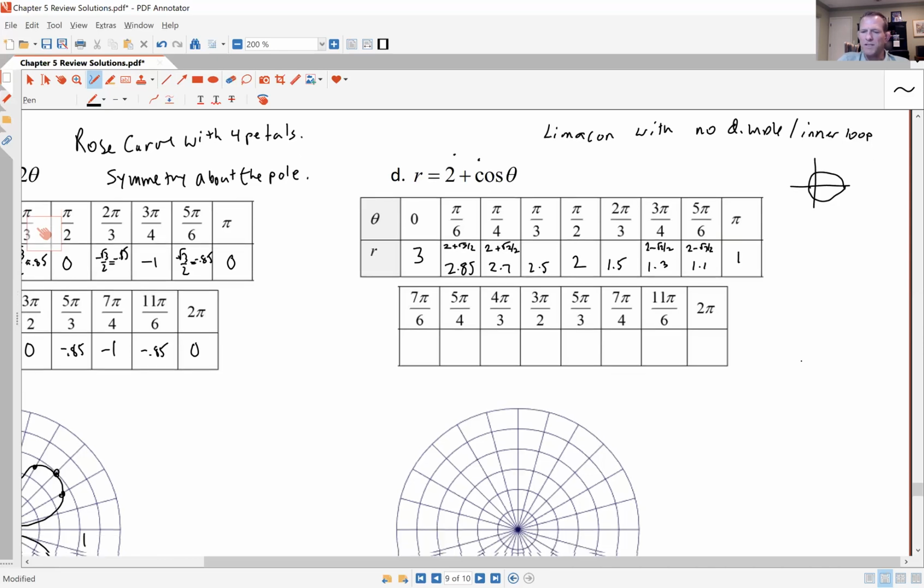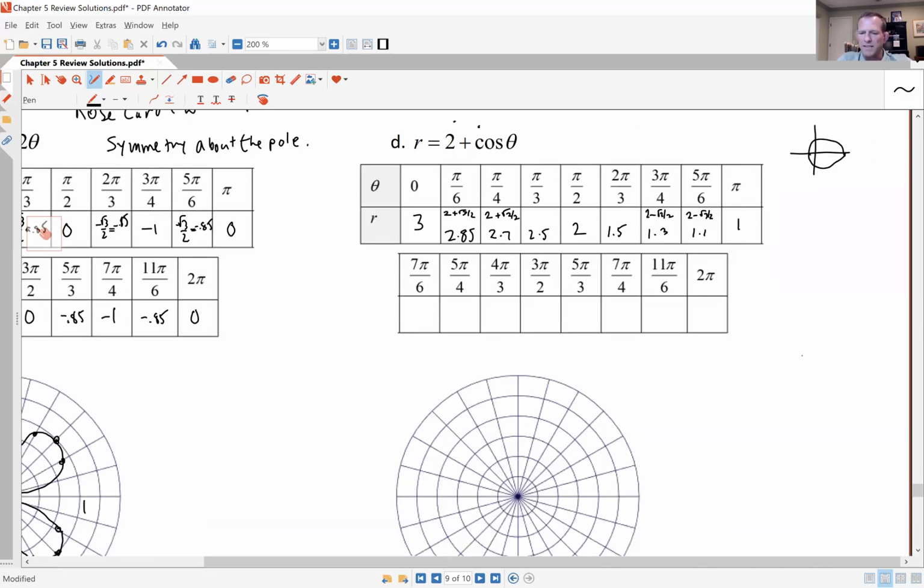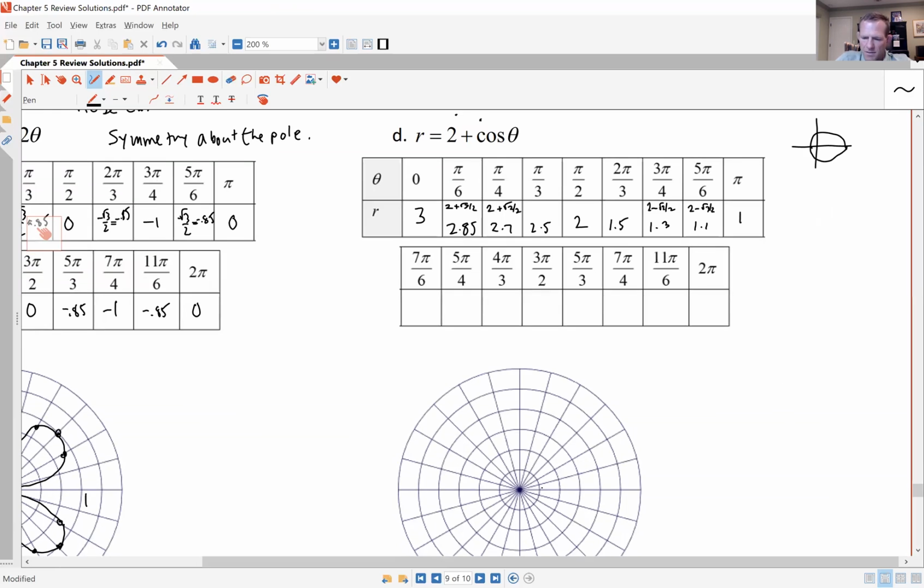All right, so now we'll start to see this thing take its shape. 0 is at 3. Pi over 6 is at 2.85. Pi over 4 is around 2.7. Pi over 3 is around 2.5, halfway.